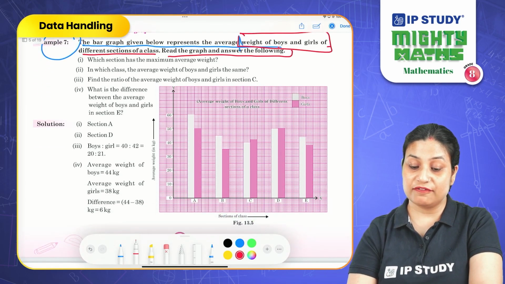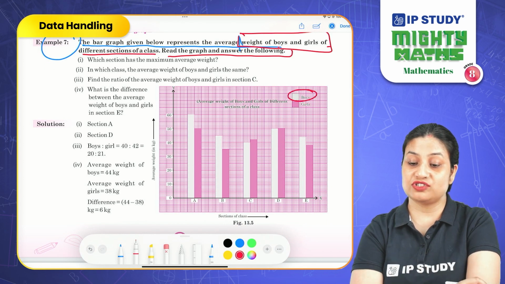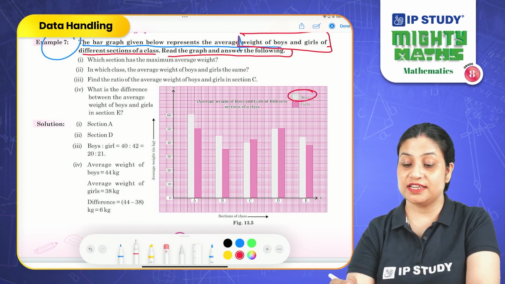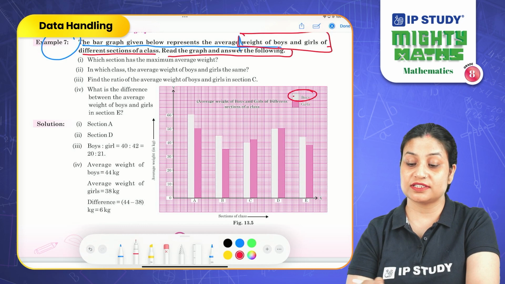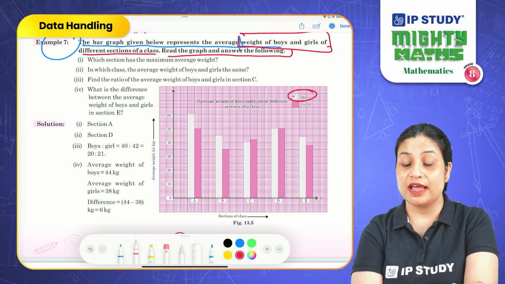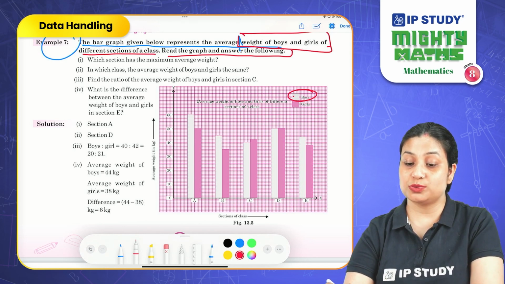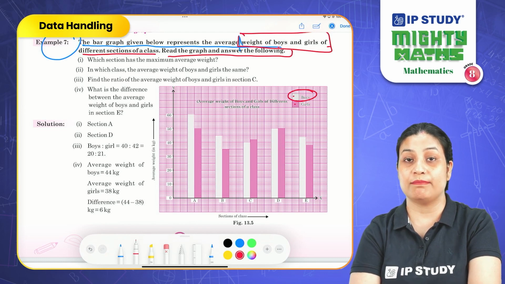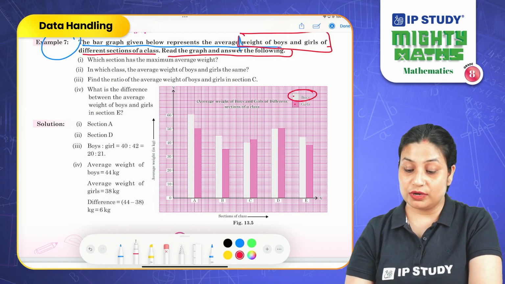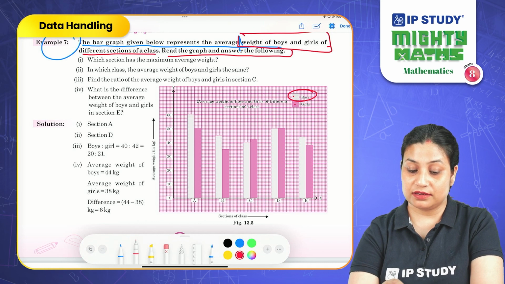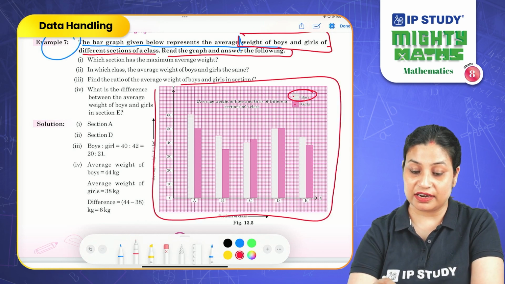If you look at this bar graph, the average weight of boys is represented by this gray rectangular bar, and the average weight of girls is represented by this pink rectangular bar. Look at this double bar graph.